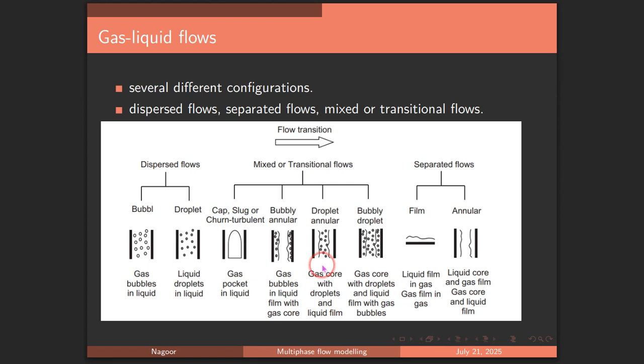And here the center gas core is filled with droplets, along with an annular film. So there are different configurations. There will even be flow transitions when the external conditions differ during some chemical processing industries.